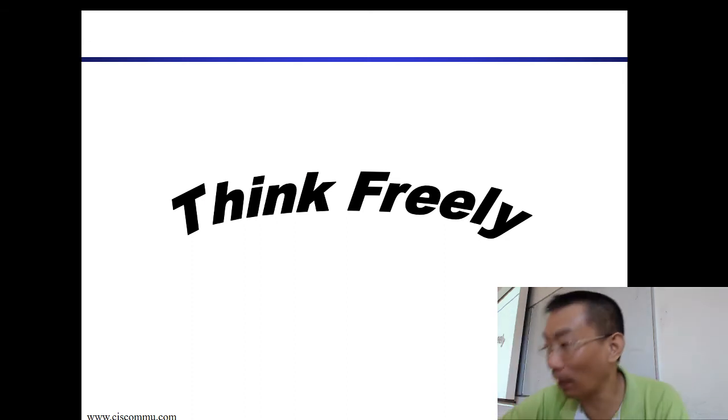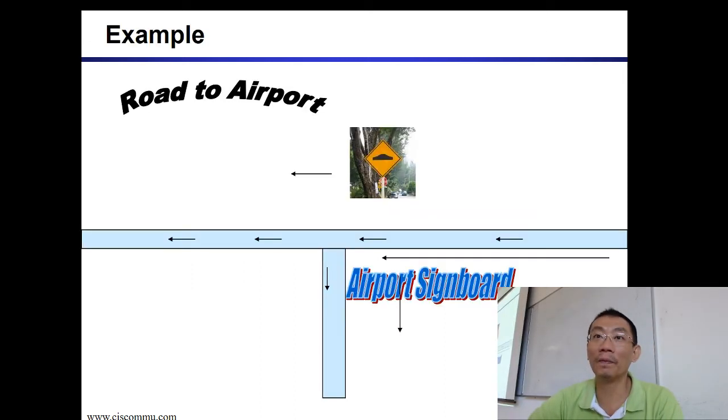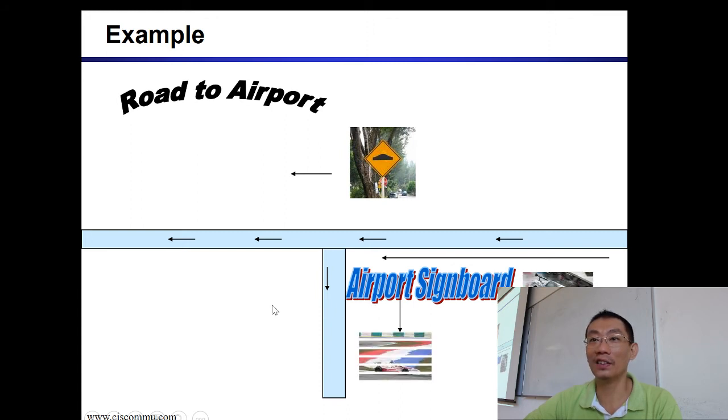All right, we talk about routing. First example, since this is on video, I cannot tell you where it is or which country. You come here and see an airport signboard to the airport. You turn here if you wish to go to the airport very quickly.